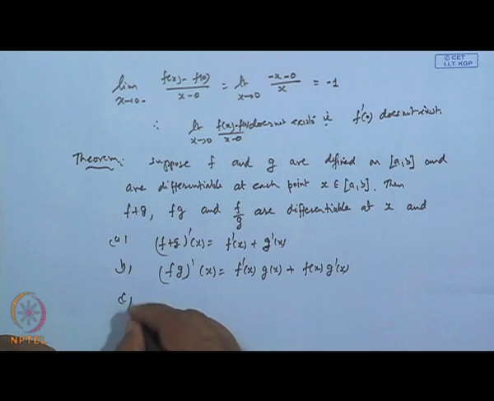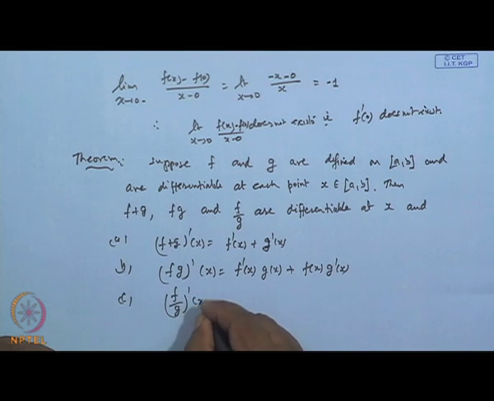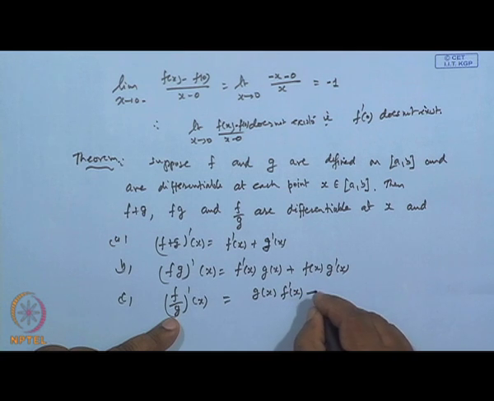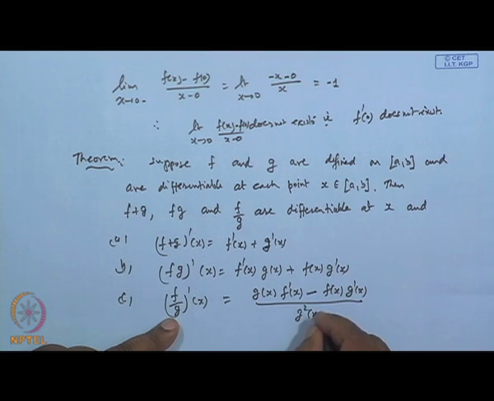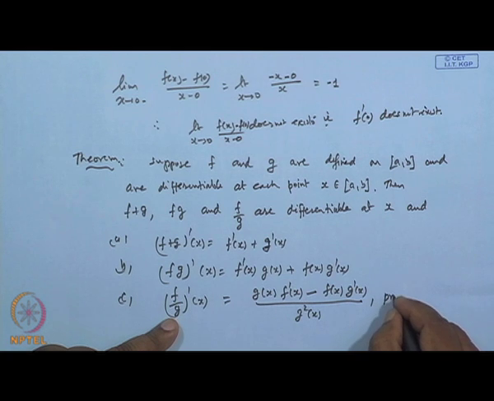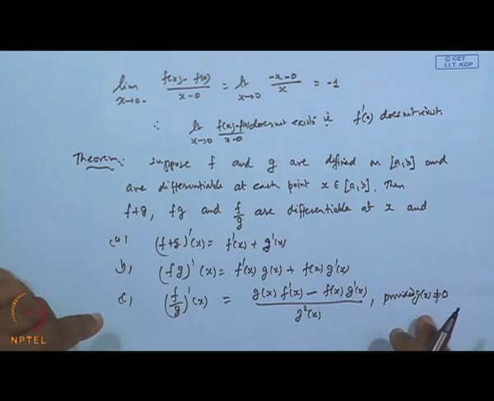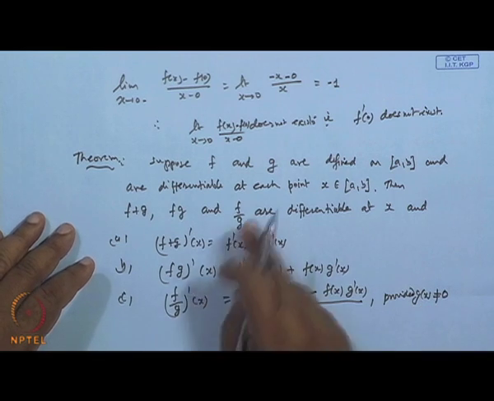Similarly, the derivative of the ratio of two differentiable functions at a point x is the denominator g(x) into the derivative of the numerator f'(x), minus the numerator into the derivative of the denominator, divided by the square of the denominator, provided the function g is not 0 at any point in this interval where differentiability is tested.